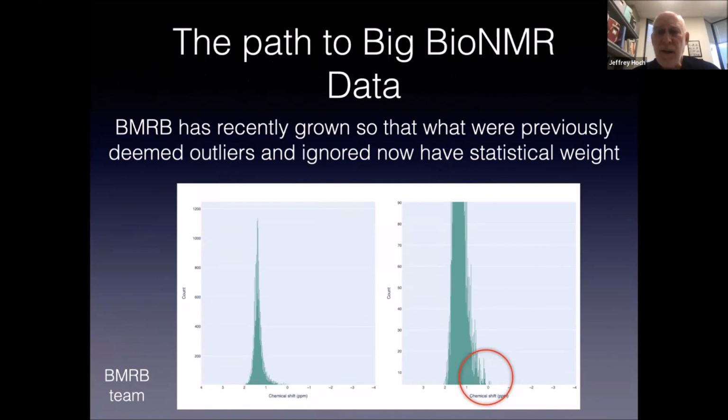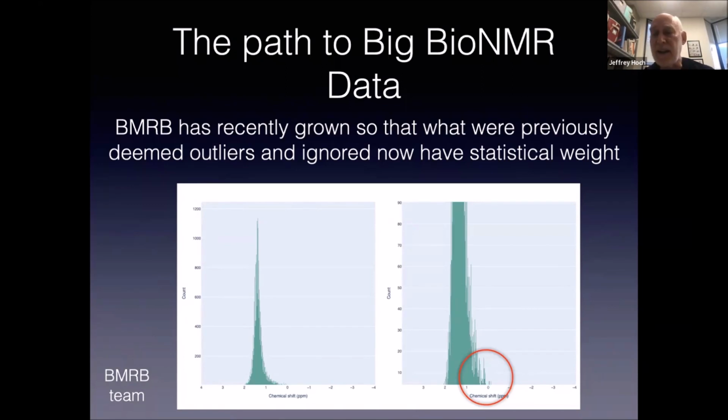So Talos, Sparta, and those applications that are pretty routine now in BioNMR labs were largely based on general trends that were easy to discern from BMRB. Basically just looking at the central tendencies of the broad distributions. But as the content of BMRB grows, things that we used to just dismiss as outliers are now beginning to be sufficiently abundant that we no longer need to ignore them.